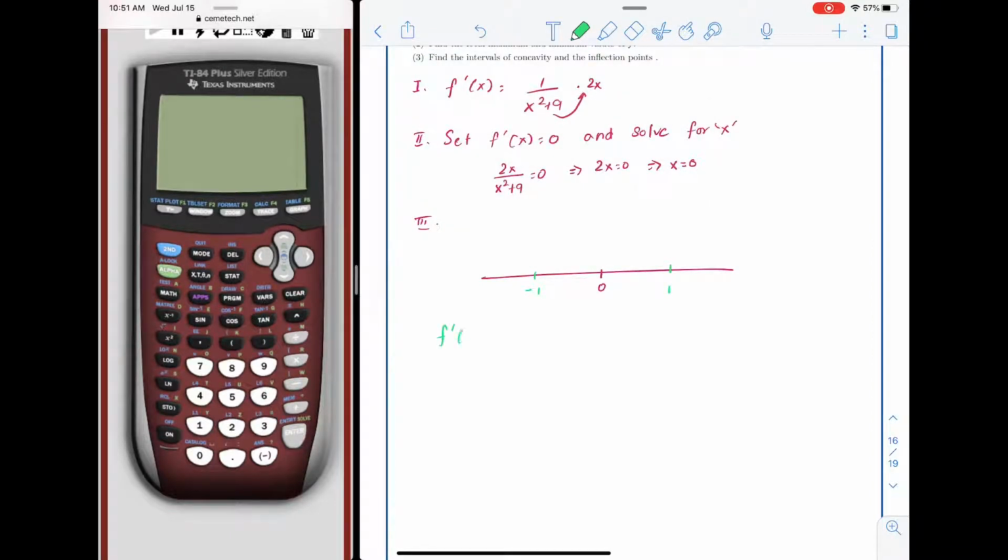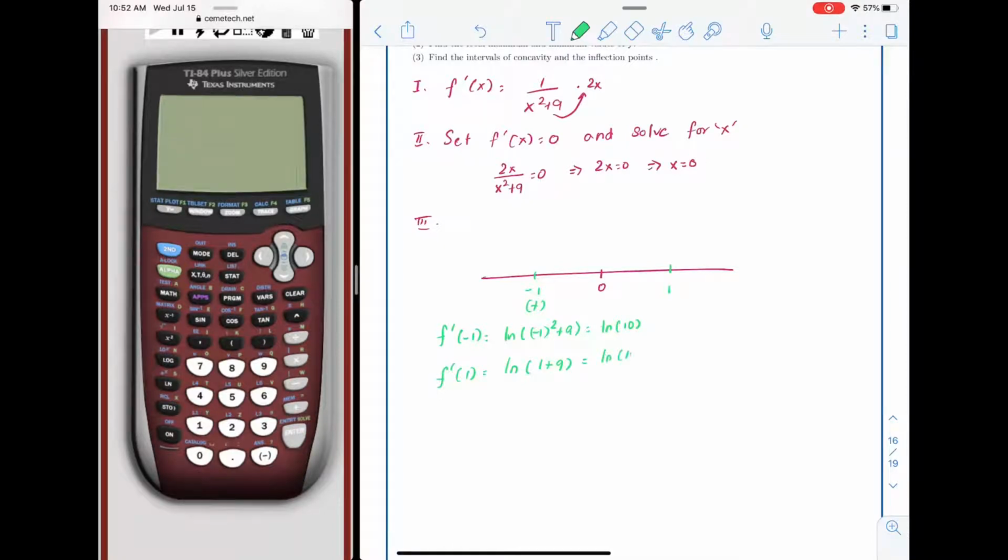f prime of negative 1 is ln of negative 1 squared plus 9, which is ln of 10. I don't even have to evaluate this using the calculator because I know that natural logarithms are positive for x greater than 1, so I'd have a positive number here. f prime of 1 is ln of 1 plus 9.